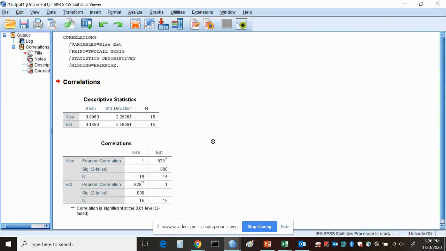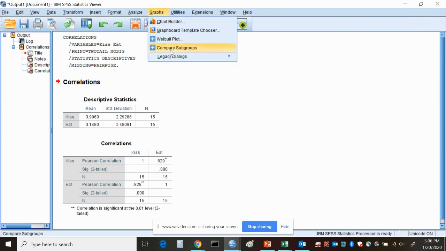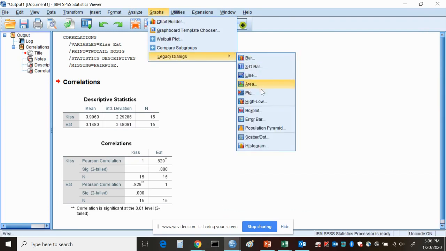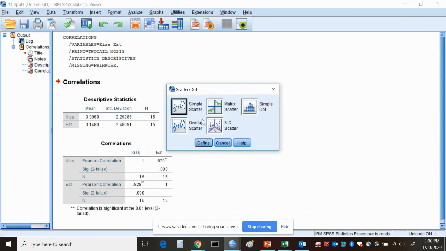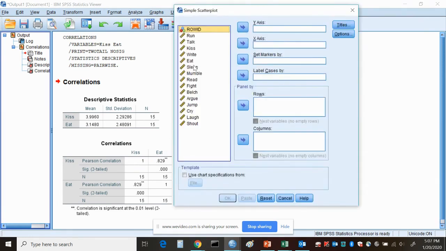To visualize what this correlation of a positive 0.829 looks like, we can try graphing it. So if we go to Legacy Dialogues and do a scatter, and a simple scatter, we can move eating to the y-axis and kissing to the x-axis.